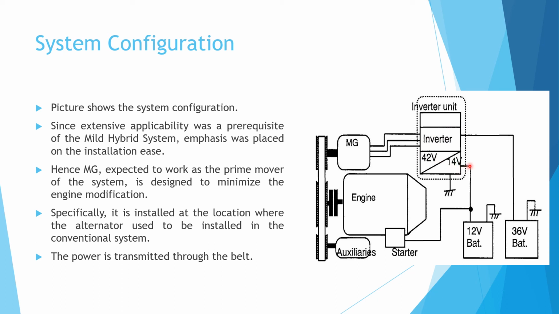From there, 14 volt is connected with the 12 volt battery, and inverter or the 42 volt is connected with the 36 volt battery. And the starter motor is directly connected with the 12 volt battery.